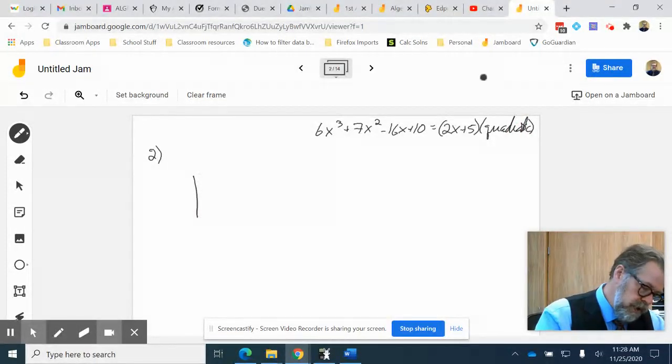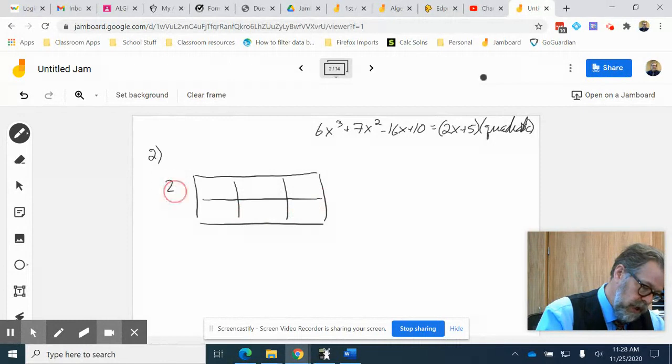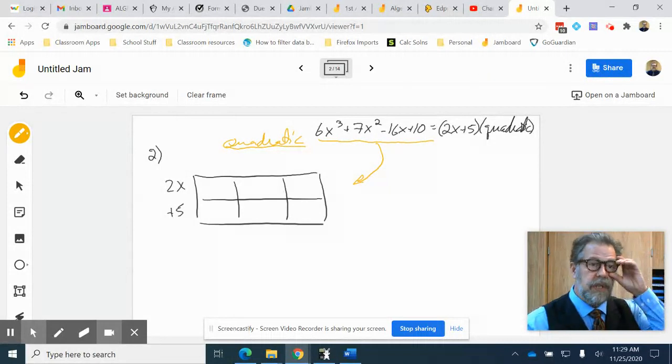So I'm going to draw a generic rectangle, and I'm going to say that, well, if I were to multiply 2x plus 5 times my quadratic, I would get 6x cubed plus 7x squared minus 16x plus 10.